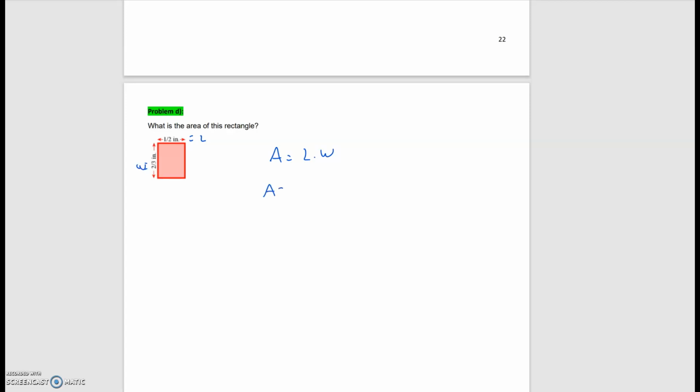So in this case, your actual area is going to be 1/2 an inch, and then this is 2/3 of an inch. So we're just going to multiply 1/2 times 2/3. And for the measurement of the area, technically the multiplication of inches and inches is going to give us inches to the second.